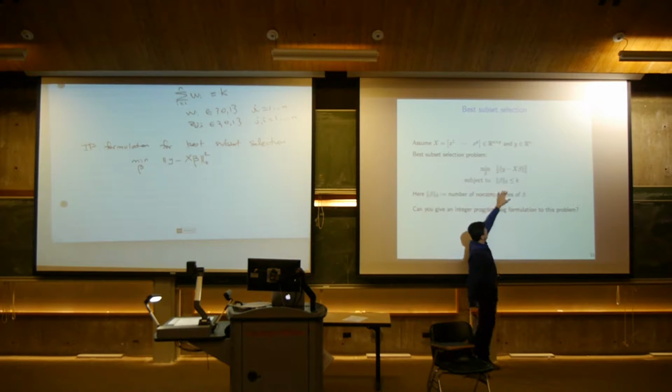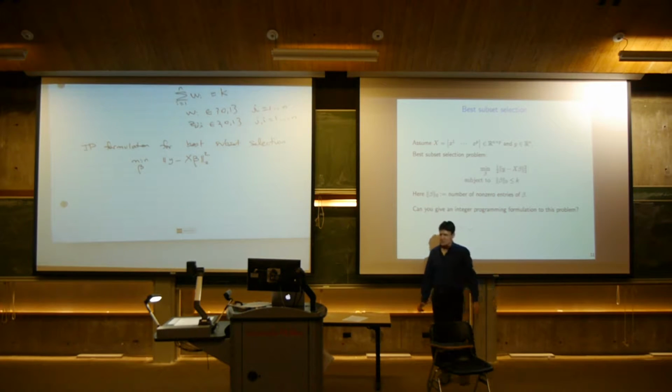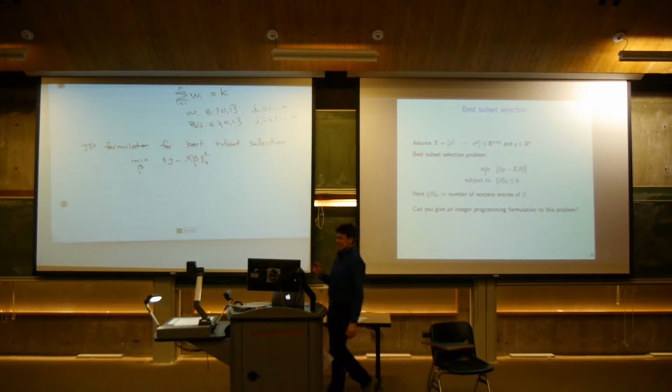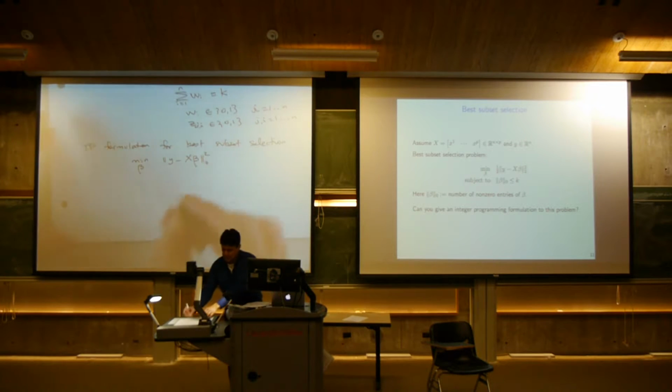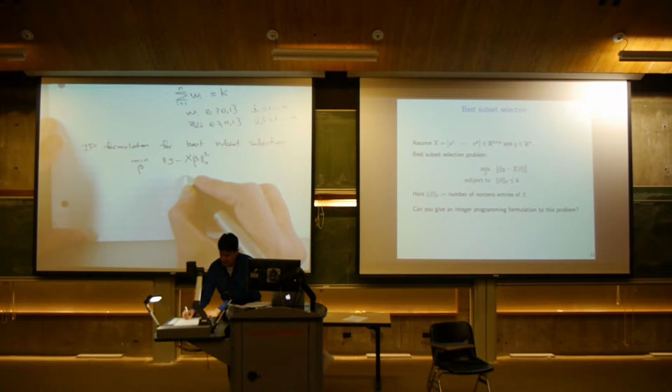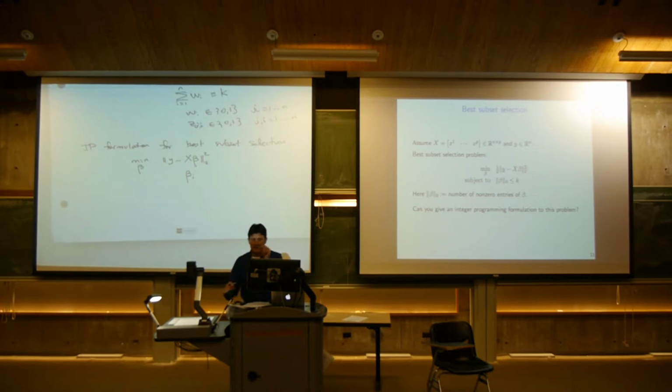And we need to get a handle on this. One way of doing that is to impose this kind of constraint. We are going to use a whole set of new binary variables, whose entire purpose is to help us count the number of non-zeros.